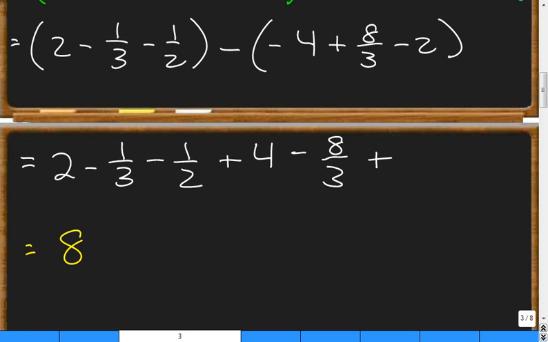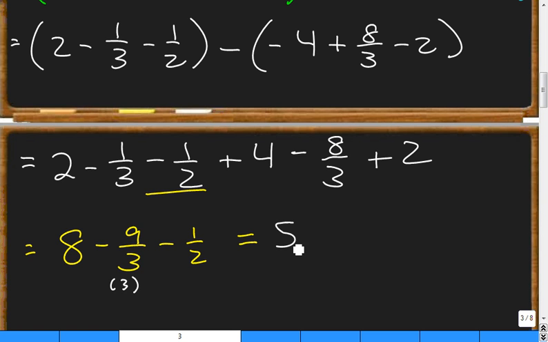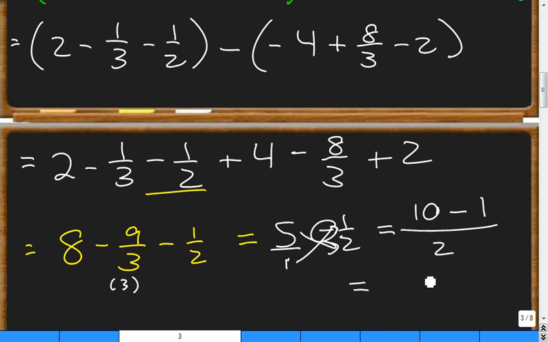We have the thirds here, which makes -9/3, and then we have our -1/2. -9/3 is the same thing as 3. So this is 8 minus 3, which is 5. 5 minus 1/2: again, we can think of this as a fraction. 5 times 2 is 10, minus 1 over 2, which makes 9/2.